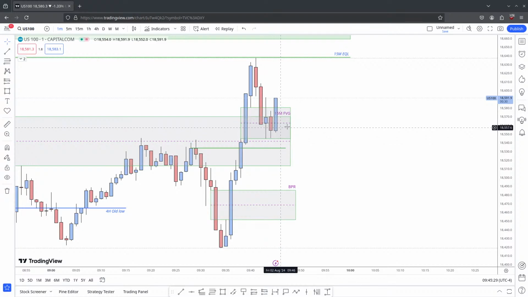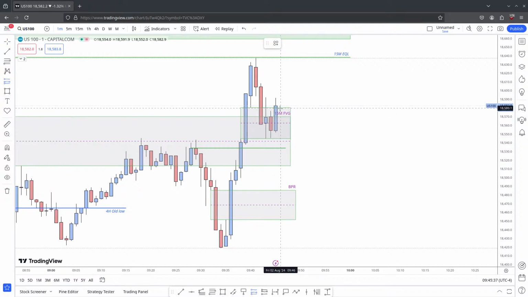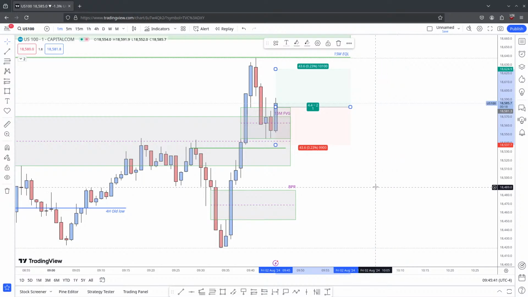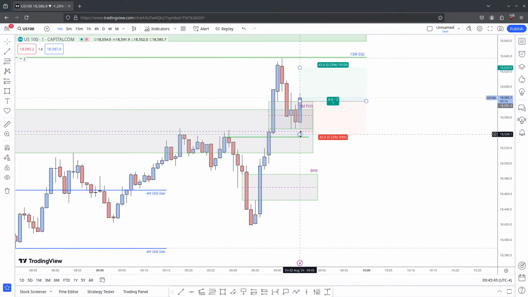Let's see if we can get a trade off higher in this. Let's prove it. Let's say a hypothetical example, the long was taken there as a hypothetical example.